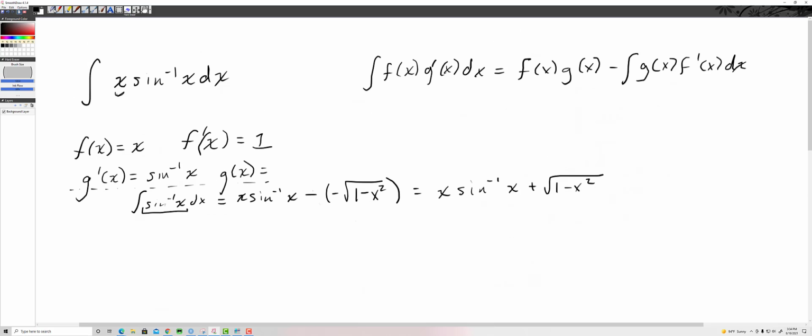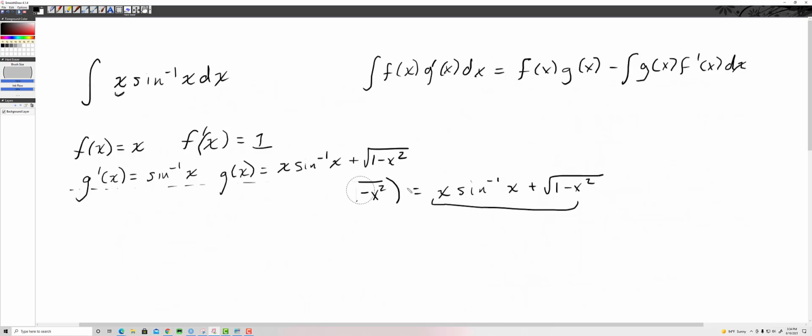Okay, so now I have that integral, and that integral is this beastly looking thing. So this is actually g of x. So we have x sine inverse x plus the square root of 1 minus x squared. We're going to remove this now and make some more space.